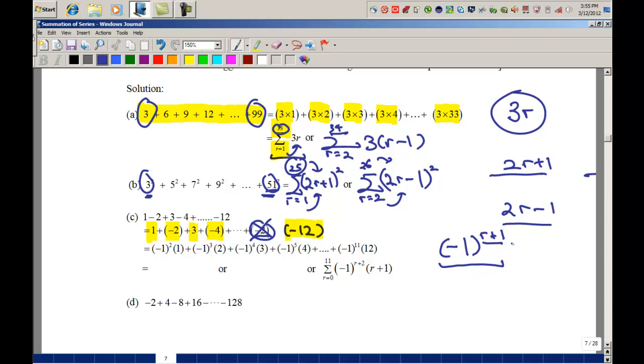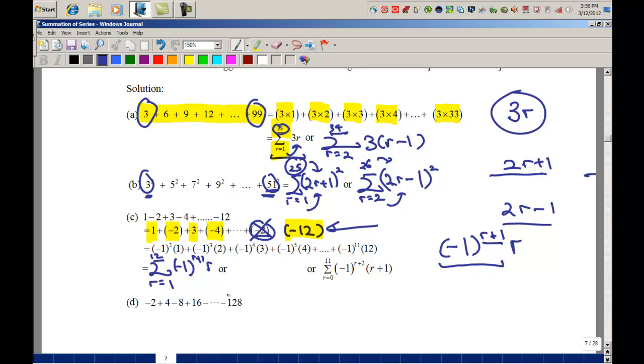So this is how you come up with the plus minus alternating signs for the sequence or the series here. Now the remaining piece is just 1, 2, 3, and quite easily you can write it as r. So this sum can quite easily be the sum from r equals 1, lower limit 1, upper limit 12, of minus 1 to the r plus 1, times r.